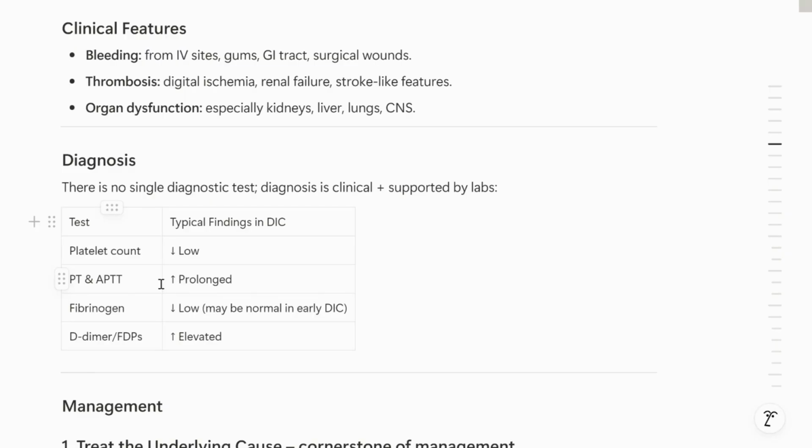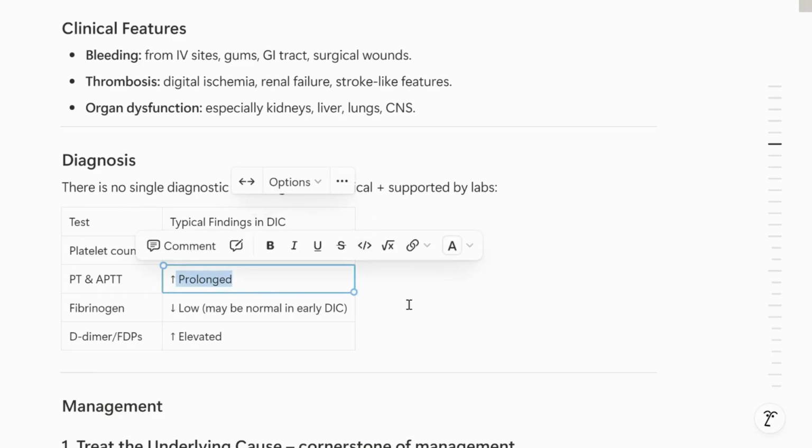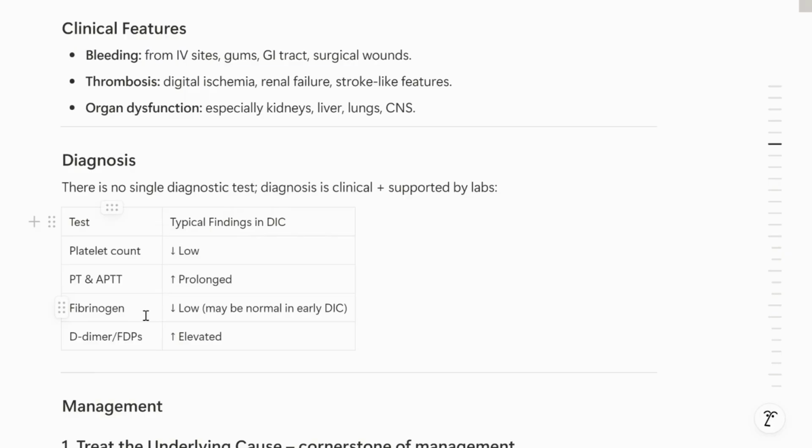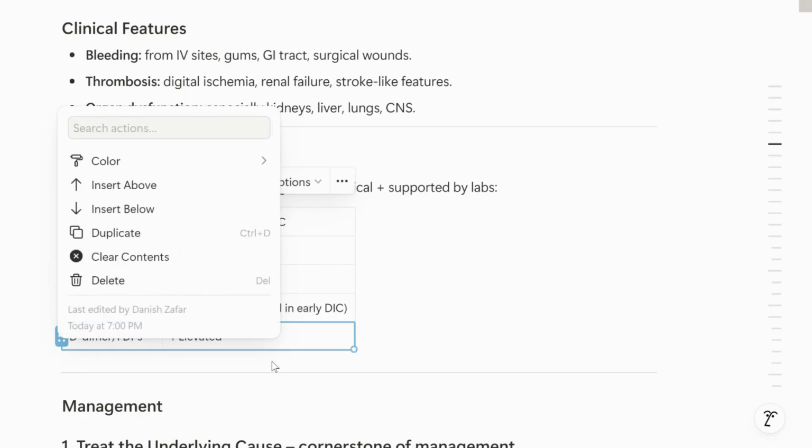Both of them are going to be increased. And fibrinogen, which is factor 1, as it is being consumed, will be decreased. However, the more thrombi that develop, the more breakage will occur, and as a result, the fibrin degradation products will be elevated.